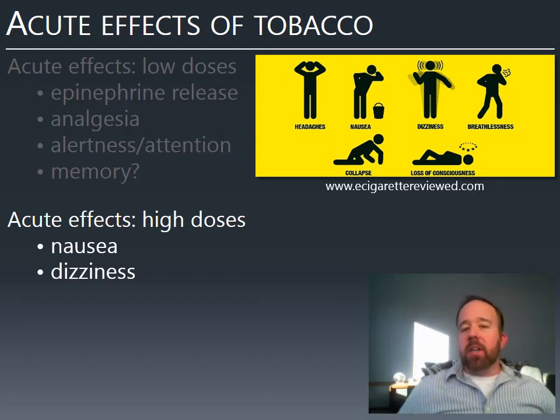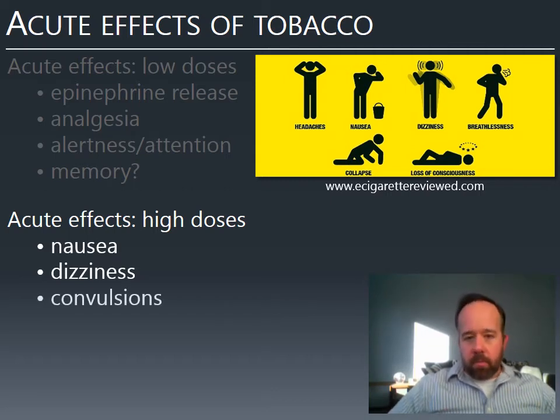And these, nausea and dizziness, will be familiar to anyone who has smoked a cigarette for the first time or has worn a nicotine patch. Just basically anyone who's not used to a certain level of nicotine and suddenly that's introduced to the system. It's fairly easy to get sort of minimal nicotine poisoning without going to the full extent of having convulsions.